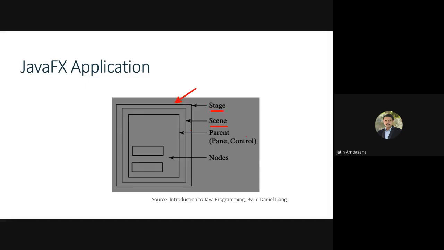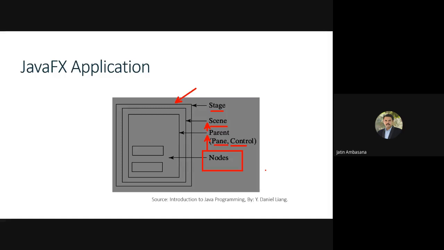Then comes the scene, which acts as a container, and there are nodes which are put inside a parent, which is nothing but a child of a scene. So this can be a pane or it can be a control or something else.